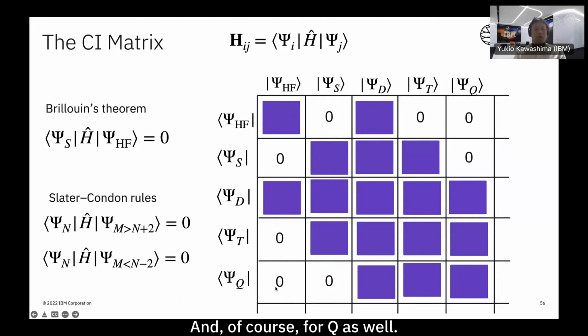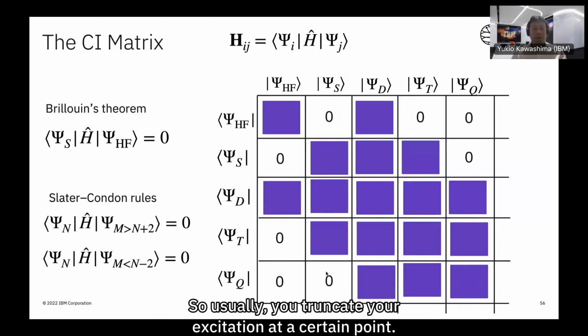And of course for Q as well. And for the singles, we see up to T we have a value. For Q, it's a triple excitation difference, so we know this value will be 0. So if we consider the Slater-Condon rules, this matrix will be a band matrix. It's sparse, more sparse than maybe you assumed, but still the number of elements will explode with the system size. So usually you truncate your excitation at a certain point.